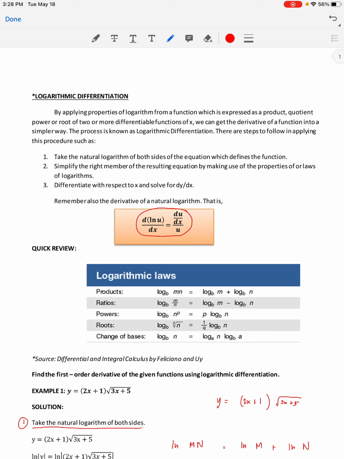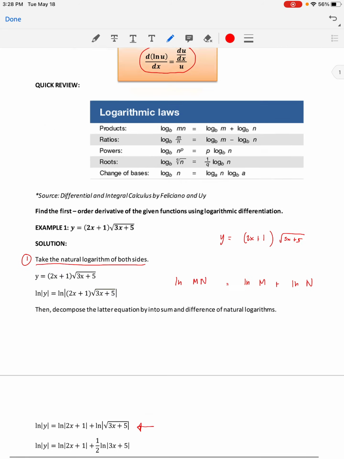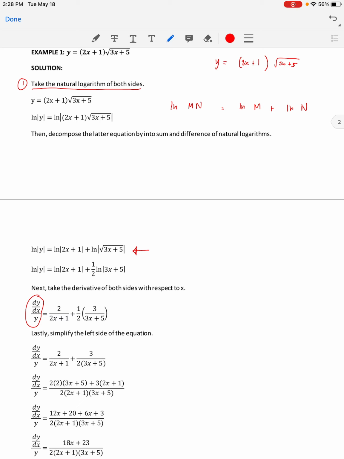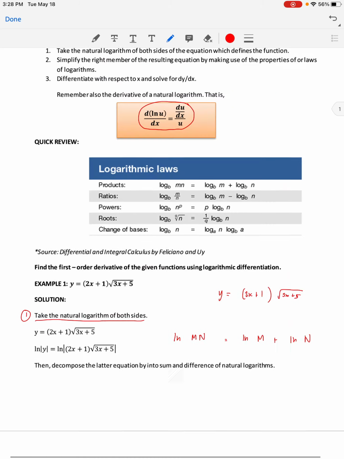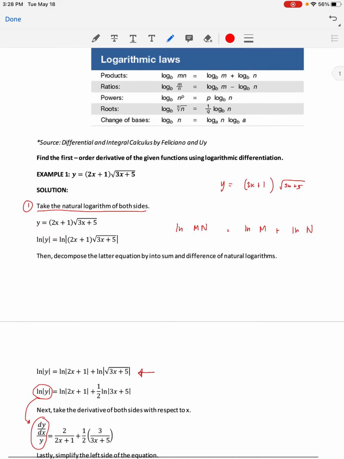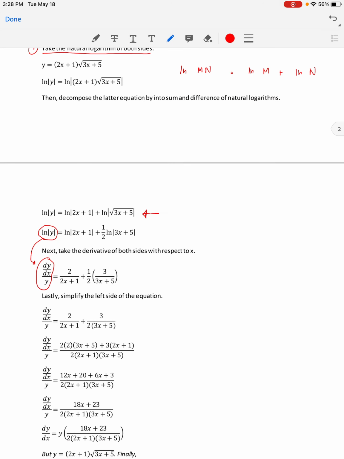So remember that we took the ln of y. Its derivative is in this form, because that is the rule. Then for this one, we simply derive. Then for this one also, derive.